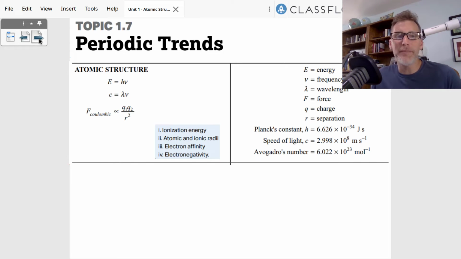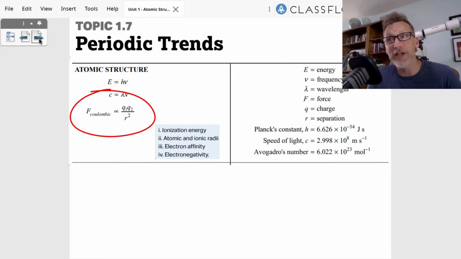Topic 1.7 is all about periodic trends, and for periodic trends, we go to this little atomic structure, Coulombic attractions. You can see Coulombic attractions deals with Q1 times Q2. Those are the charges. So the greater the charge, the greater the Coulombic forces of attraction. The r squared, or the separation distance, is on the denominator. So the greater the separation distance, the further away from the nucleus, the less Coulombic force of attraction.